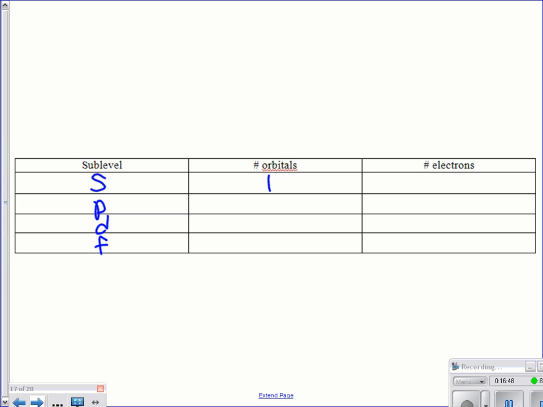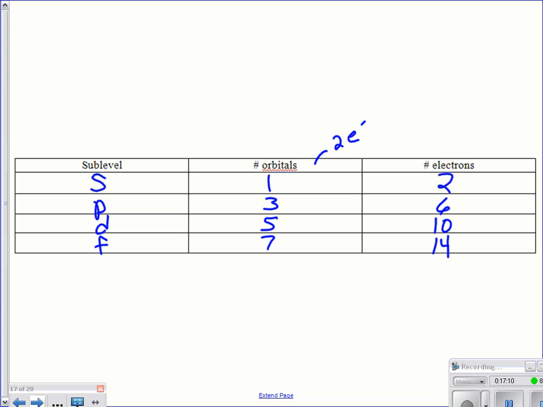What about a P? 3. D? 5. And F, 7. There can be a maximum of 2 electrons per orbital. So what would you expect for the maximum number of electrons in your S? 2, 6, 10, and 14.